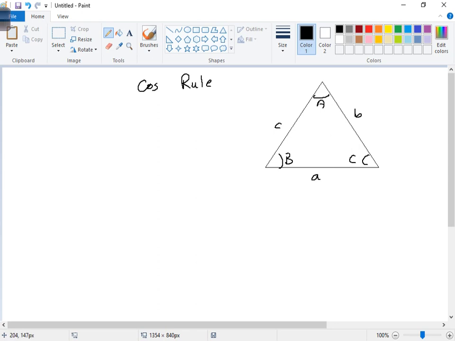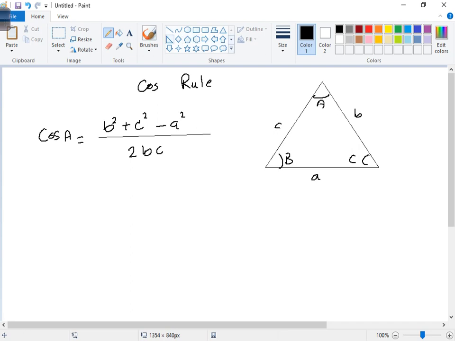The cosine rule says cosine A equals b square plus c square minus a square over 2bc. If we know the lengths of the three sides, or two sides and the angle between them, we can use the cosine rule.